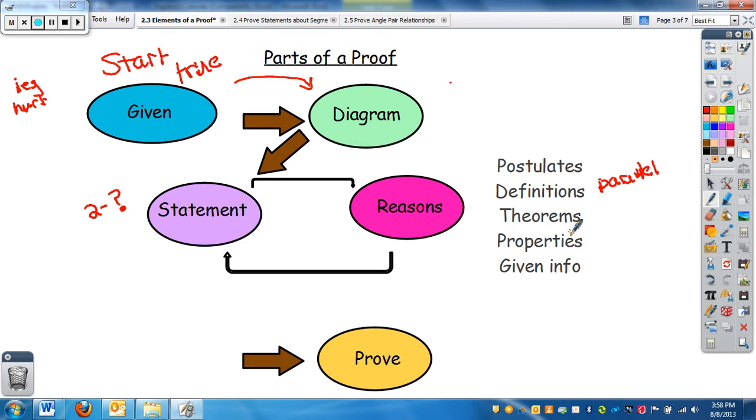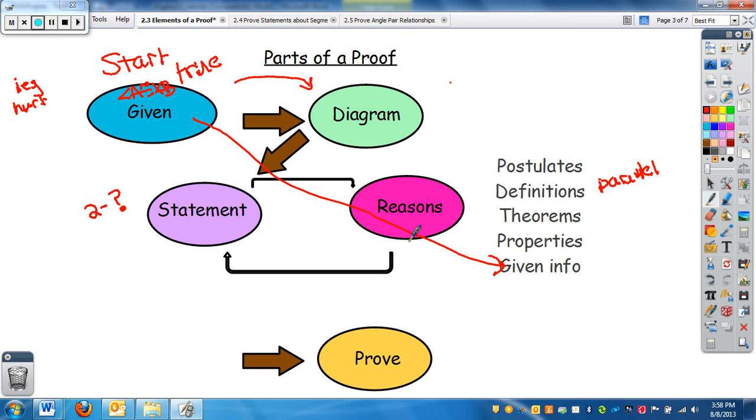There are theorems that we have gone over that you can use, properties of certain objects, or even the given info. You can use your given as a reason. If I give you a statement that angle A is congruent to angle B, the reason why you know that is the given.